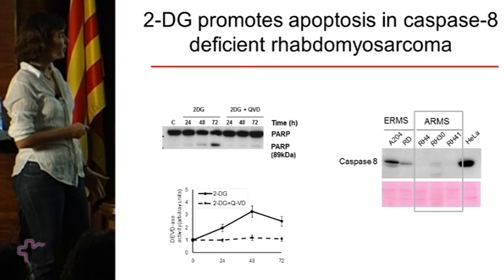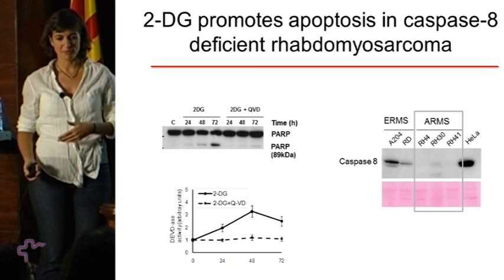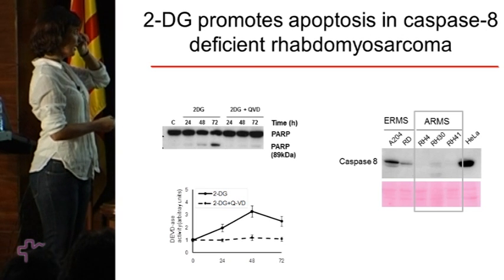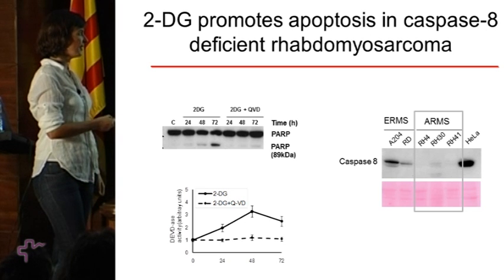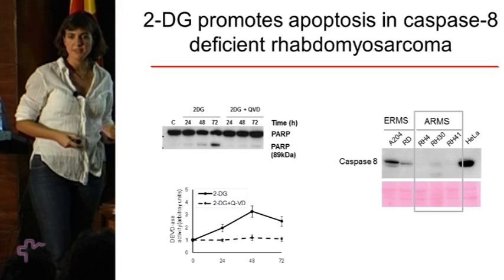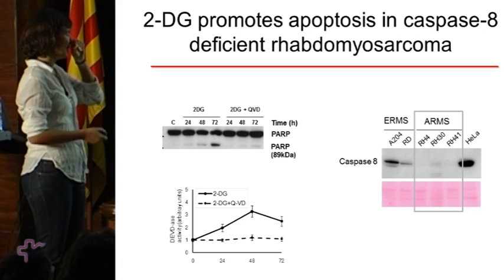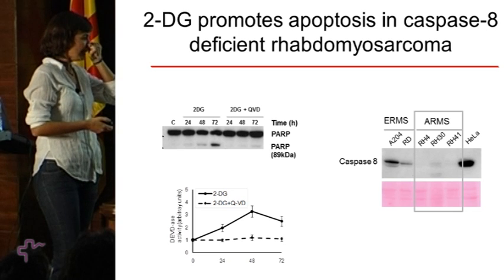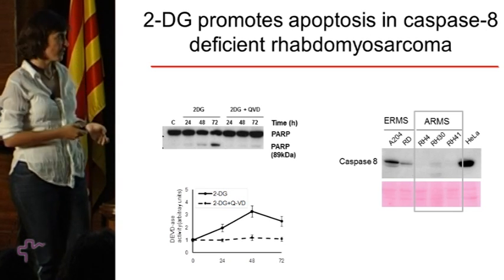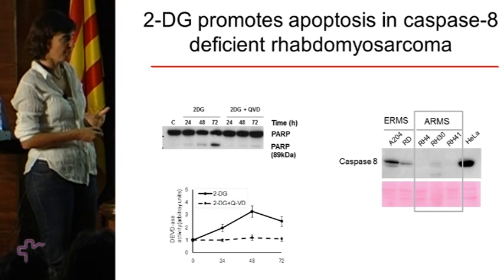So we made sure that 2-deoxyglucose is inducing apoptosis. We're doing the other way around from before. We really want to make sure that this is apoptosis, and indeed we saw cleavage of caspase substrates and caspase activity by measuring peptidase activity in the fluorimeter, which is inhibited by a caspase inhibitor. And again, contrary to what other people would do, we started by looking at the caspase-8 pathway instead of the mitochondrial pathway.